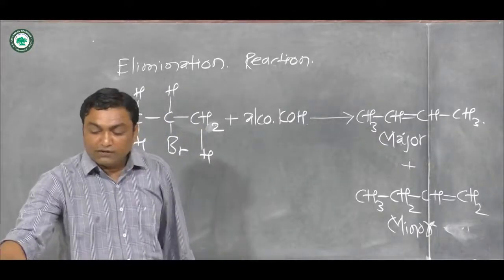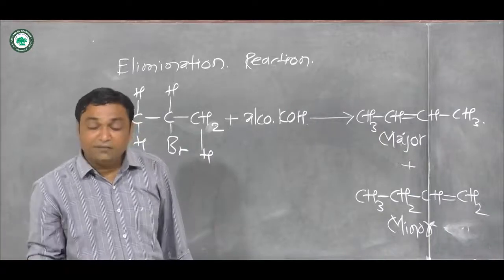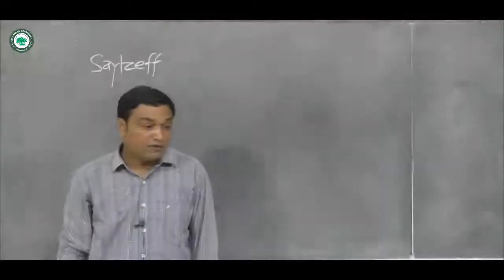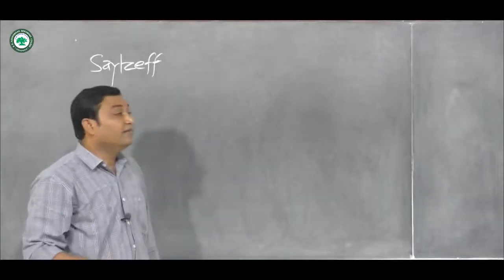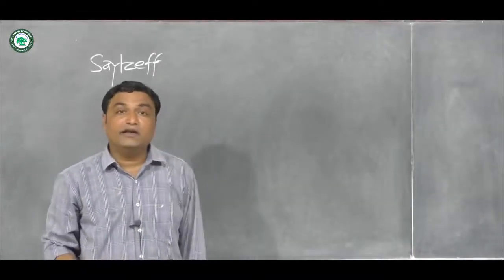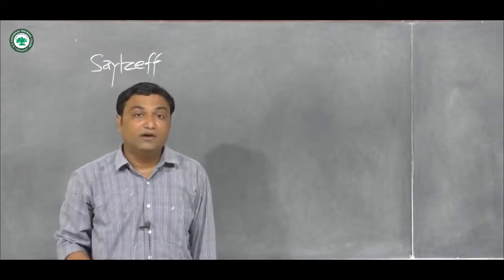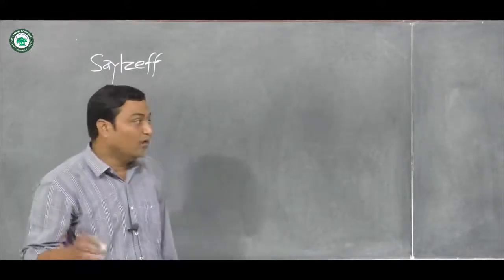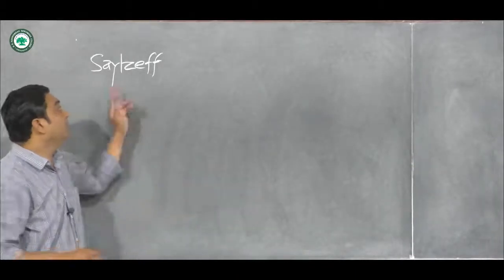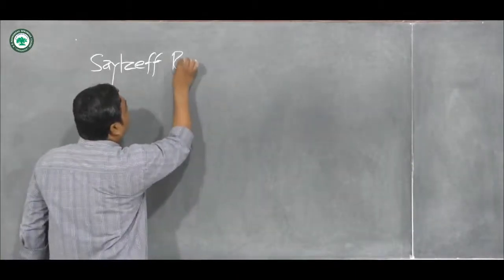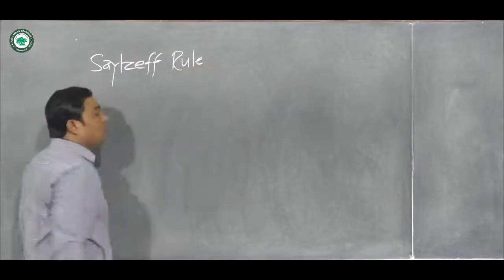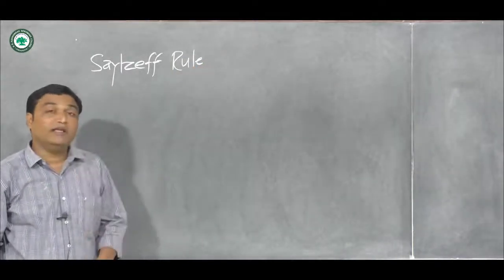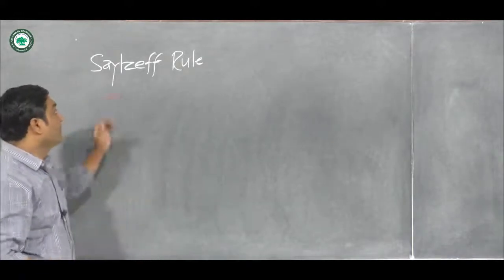Now, move towards our next topic of this lecture, that is the Saytzeff rule. To understand the formation of a mixture of products in elimination reaction, we have to know about 2 rules: one is the Saytzeff rule and the other is the Hofmann rule. The Hofmann rule is also called Hofmann elimination.